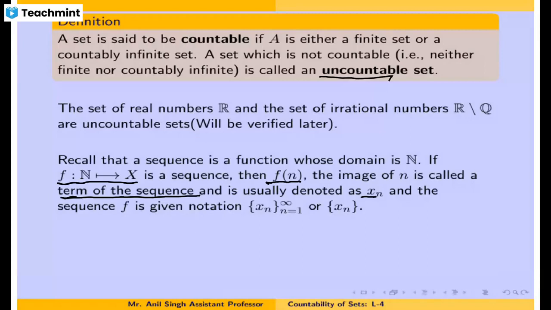The sequence, that is the function f, is denoted through its terms. These are some notations, and there are other notations also. For example, some people denote a sequence by using small brackets. We are using curly brackets to denote the sequence.